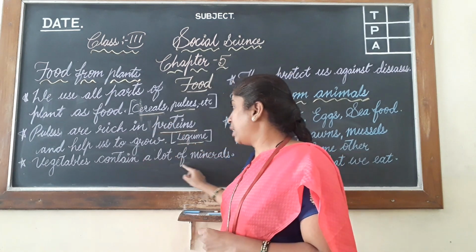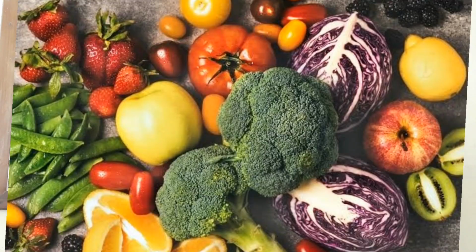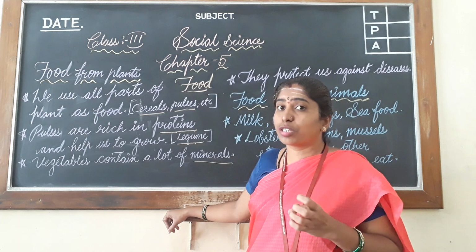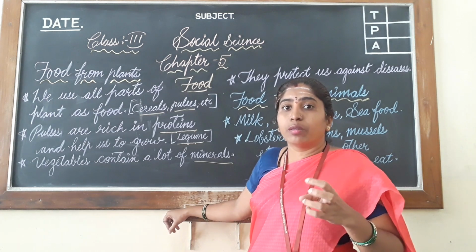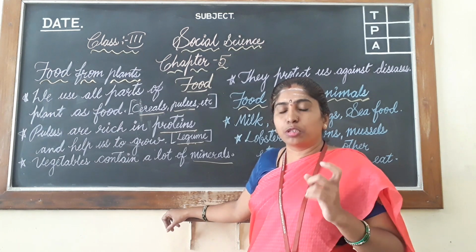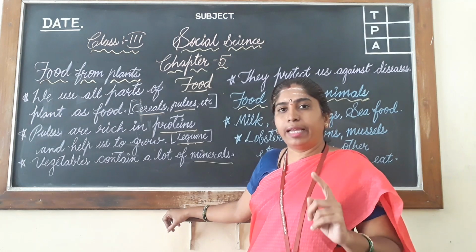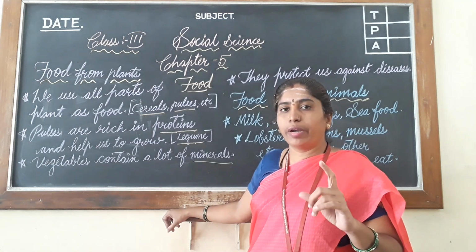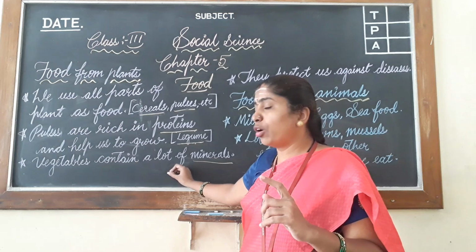Okay, vegetables contain a lot of minerals. Vegetables: spinach, methi, radish, cucumber, these all are called vegetables. They contain a lot of minerals. Most of you will not eat vegetables, isn't it? So regularly, daily in your food, you need to include vegetables.